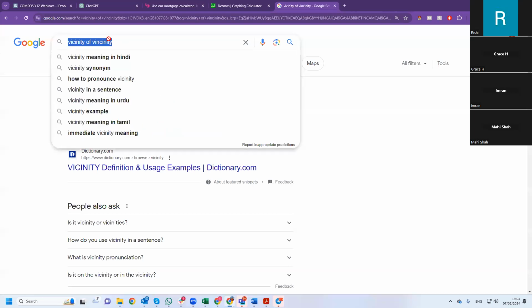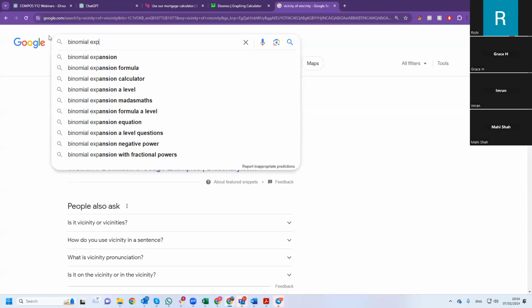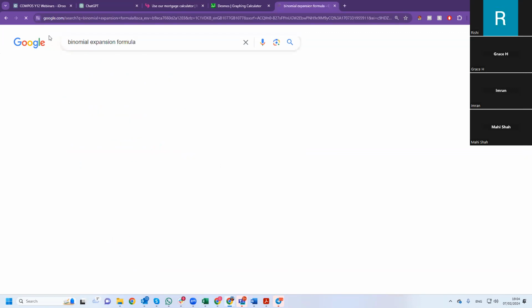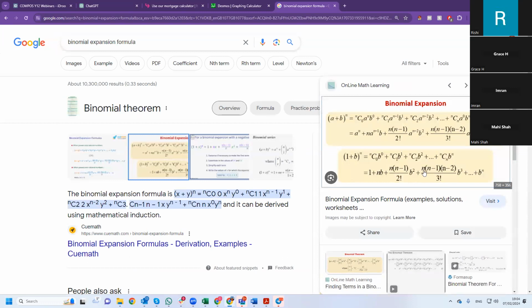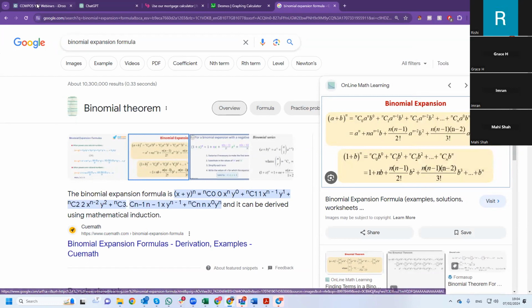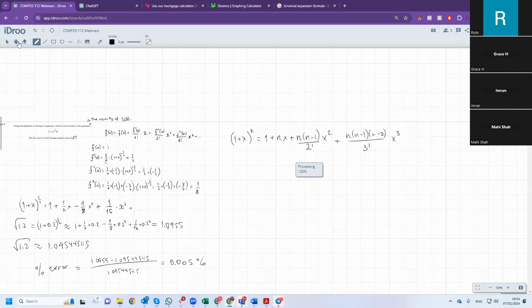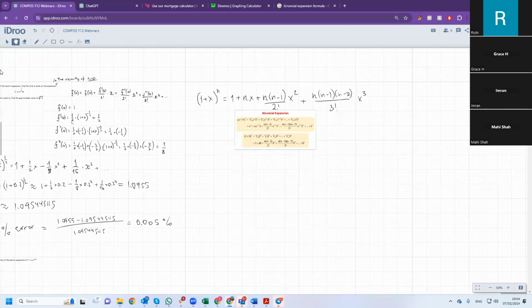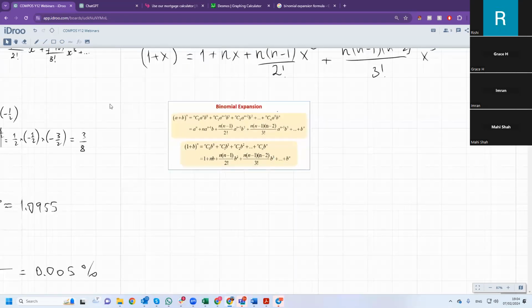And if you go to the binomial expansion formula, here it is. This is the binomial expansion formula. We've just proved the binomial expansion formula in a different way.